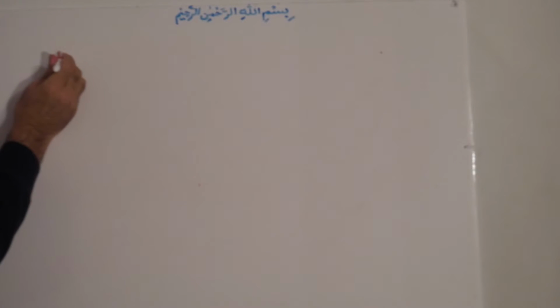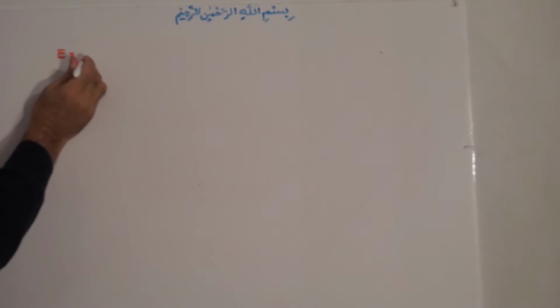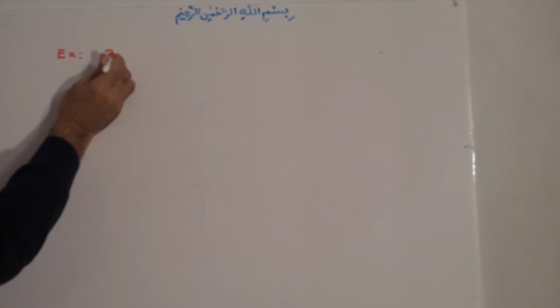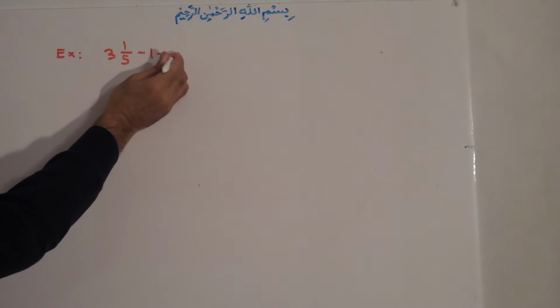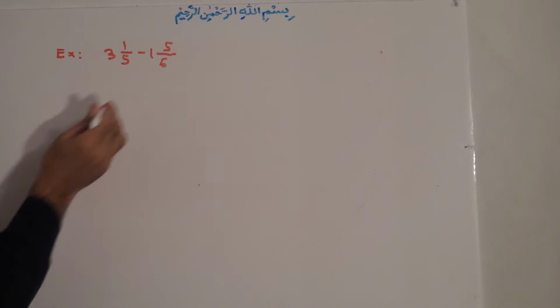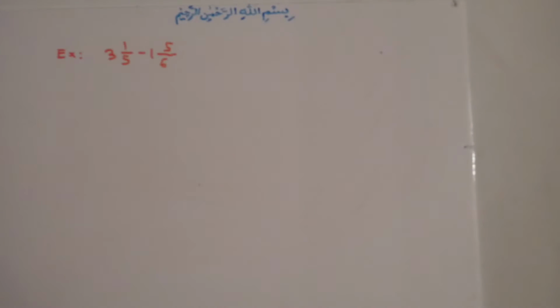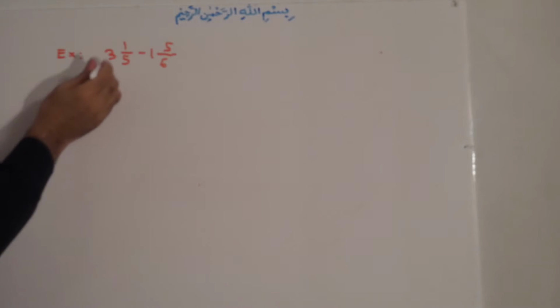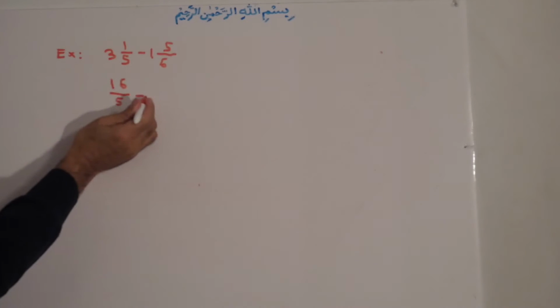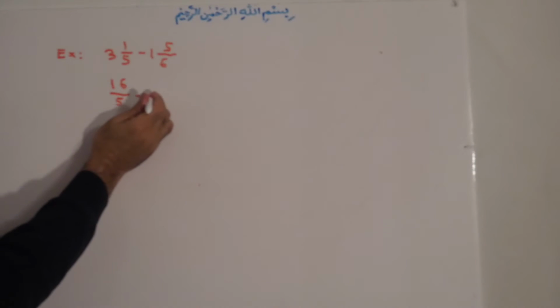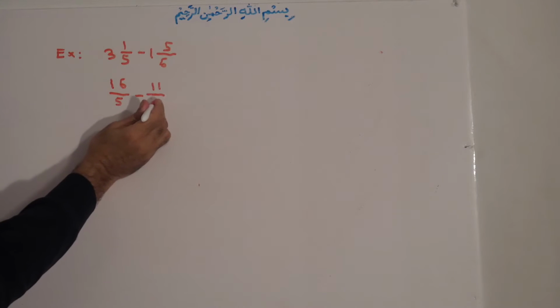Now I solve for you another example. 3 1/5 minus 1 5/6. First we should simplify it as a numerator and denominator. 3 times 5 is 15, 15 plus 1 is 16 over 5, minus 1 times 6 is 6, 6 plus 5 is 11 over 6.